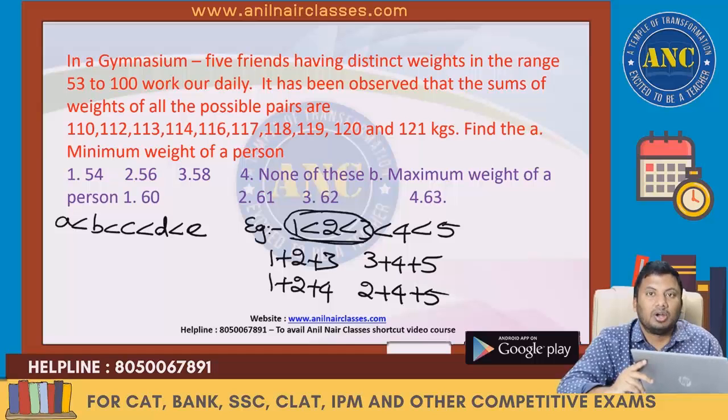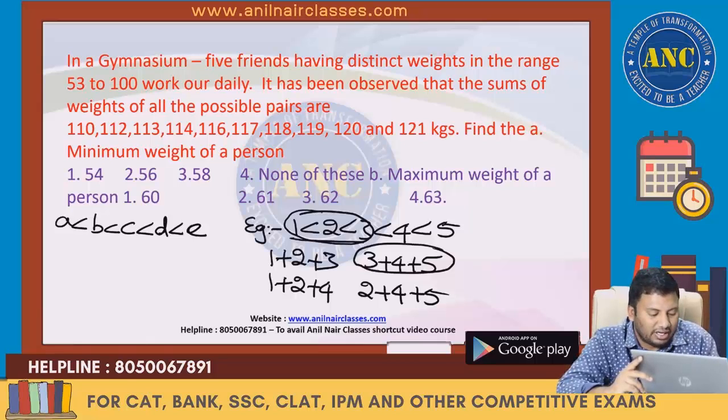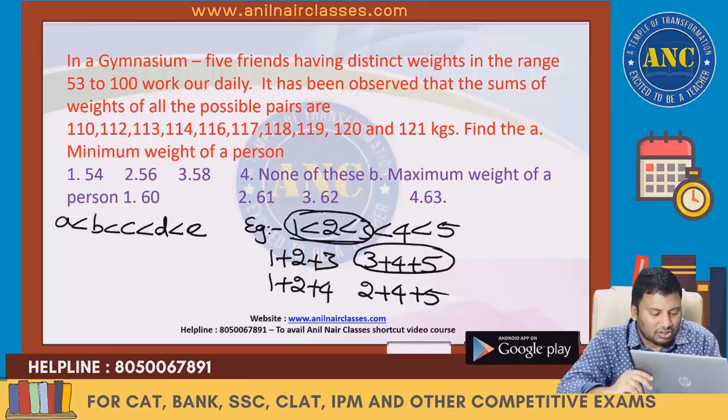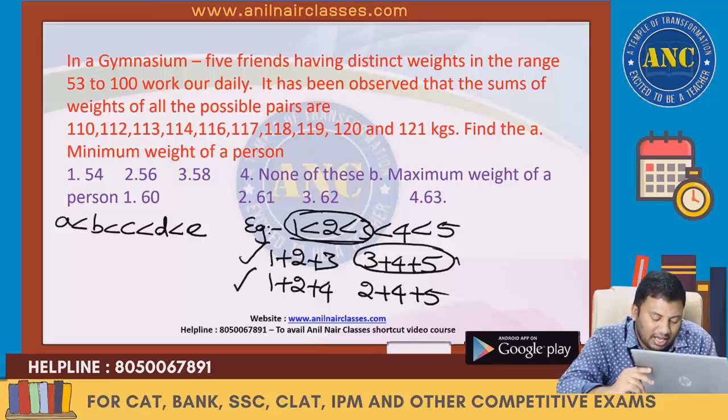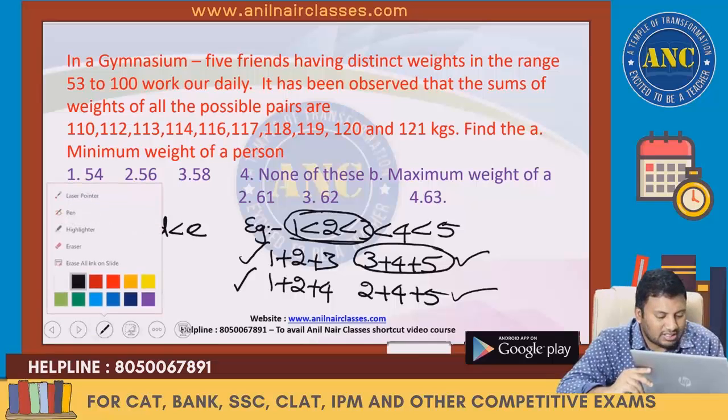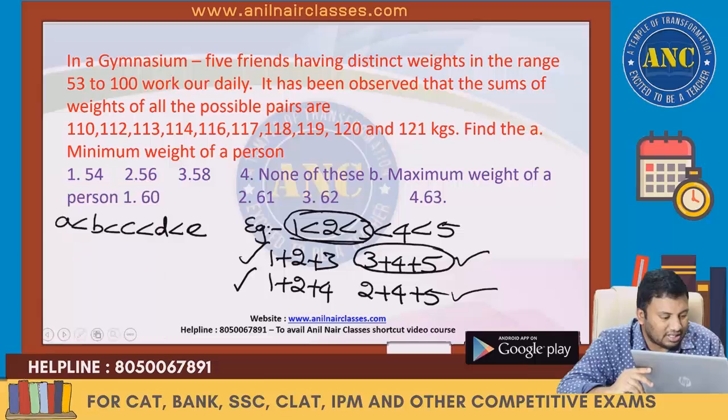Lowest is the lowest sum of the 3 weights. Highest is the highest sum of these 3 weights. Next lowest is 1 plus 2 plus 4. Are you all with me? So lowest I can determine, second lowest I can determine, highest I can determine, second highest I can determine. Now see here.